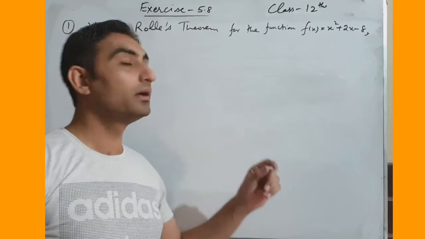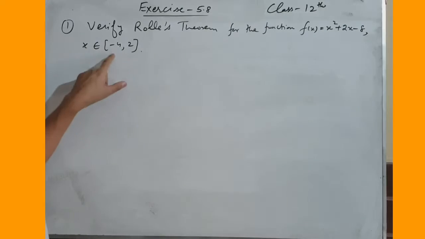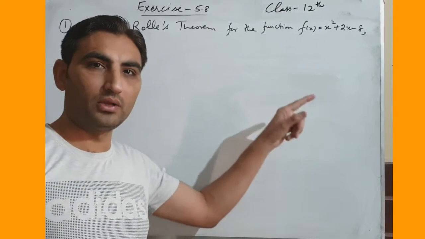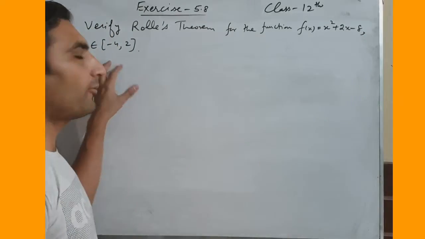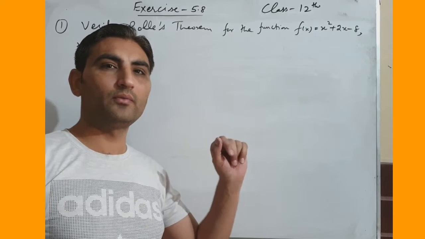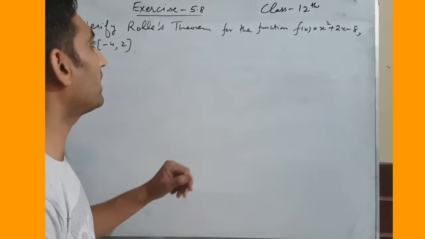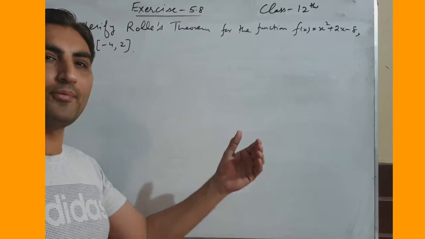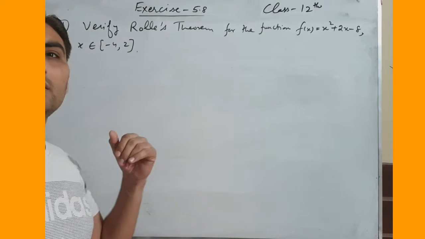Rolle's theorem starts with f from closed interval [a, b], two real numbers, continuous, then f derivable on open interval (a, b), and one more condition: f at a, which here is minus 4, should be equal to f at b, which is 2.